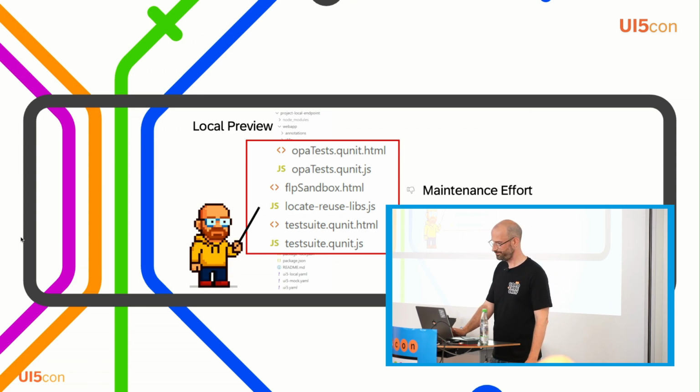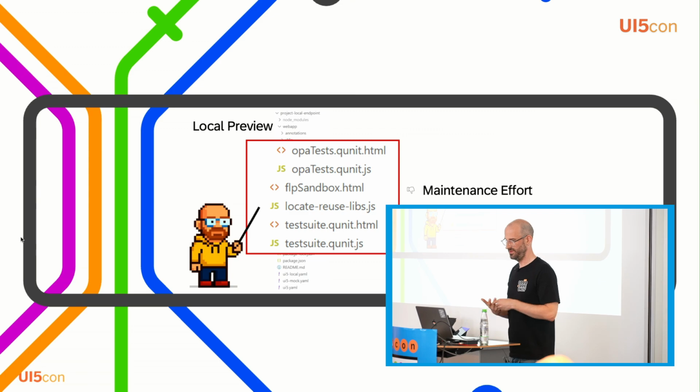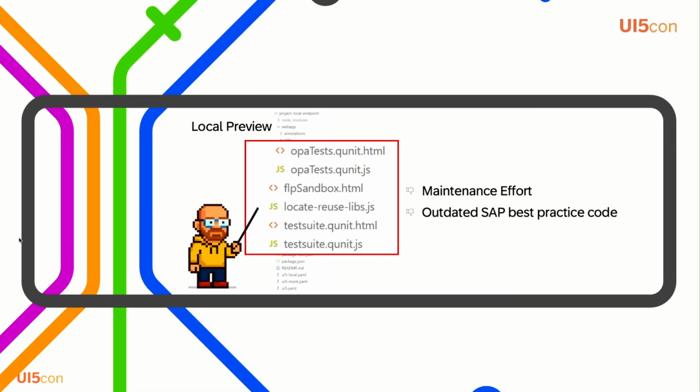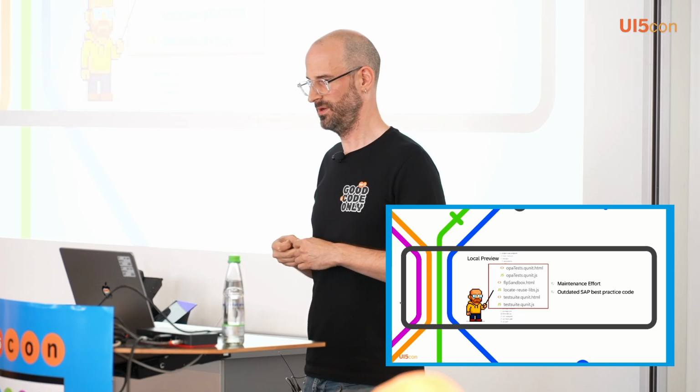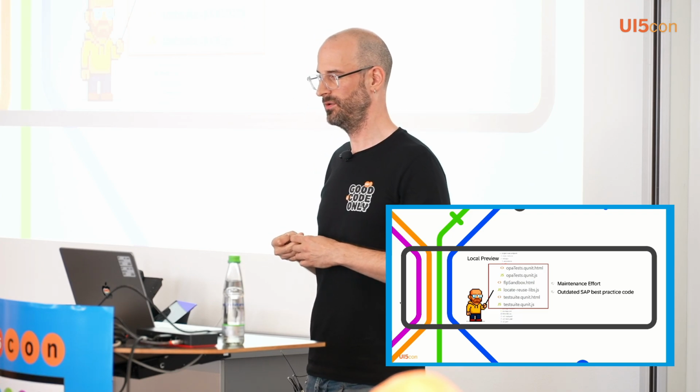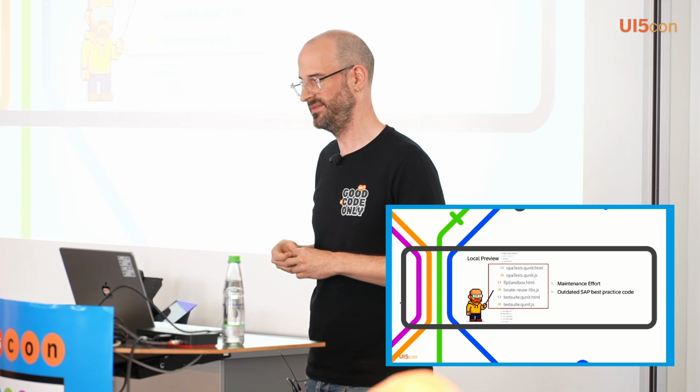So the maintenance effort is one point, or to make it even clearer, maintenance effort for code that does not add business value. That's even worse, because code that serves a business value is okay, but maintenance effort for non-business-relevant stuff is maybe not what you want, along with potentially outdated SAP best practice code.